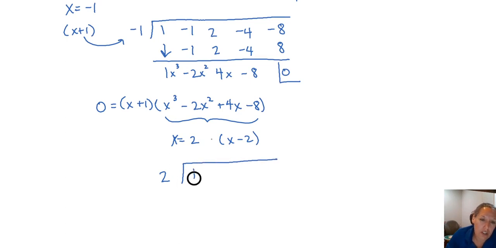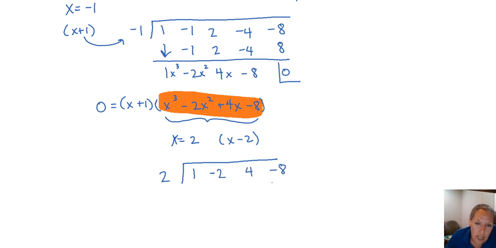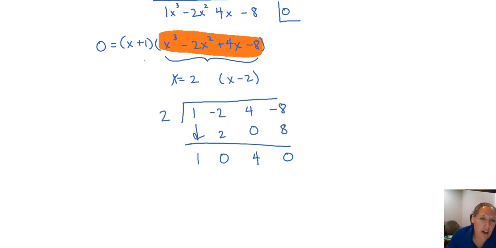And then our coefficients, we're looking just at this part right here for the time being. 1, -2, 4, -8. That 1 comes straight down. 2 times 1 is 2. -2 and 2 is 0. 0 times 2 is 0. Plus 4 is 4. 2 times 4 is 8. -8 is 0.